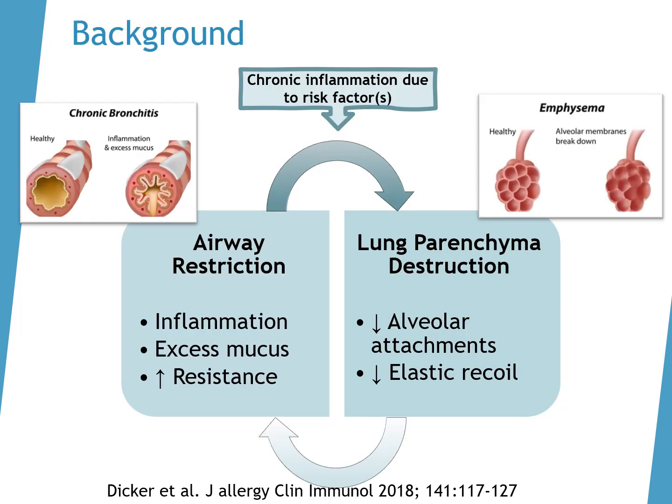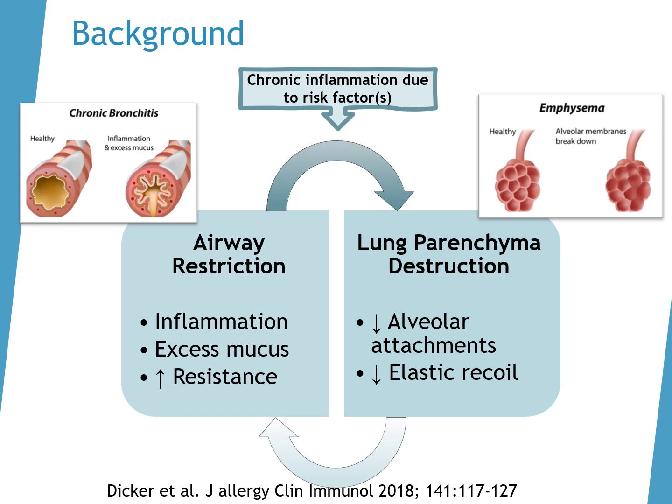So this slide reviews the mechanisms related to developing COPD. COPD is actually an umbrella term for both chronic bronchitis and emphysema. Patients with COPD may have one or both. The cycle starts by initial tissue irritation and destruction due to risk factors mentioned in the prior slide, like smoking.